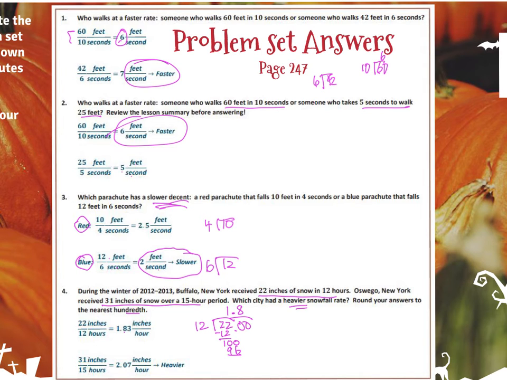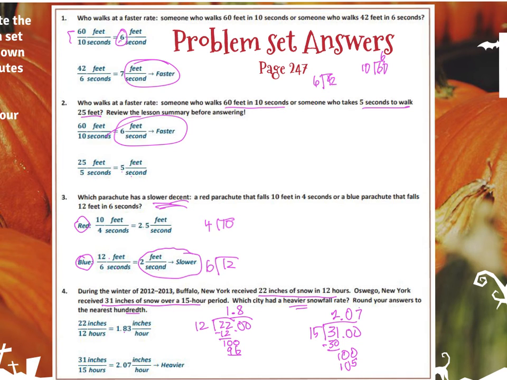This next one, Oswego, is 31 inches over 15 hours. So I've got my numerator inside, and then I've got my 15 out here. Put in some zeros just in case. So that's definitely 2, which gives me 30. That's a 0, and so now I have 100. We're looking at 5, 3. Wait, does that go over? I think that does go over.